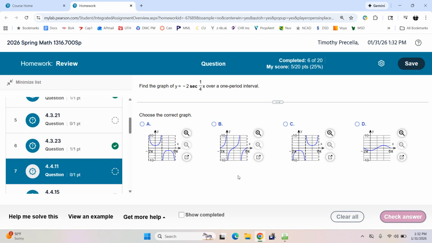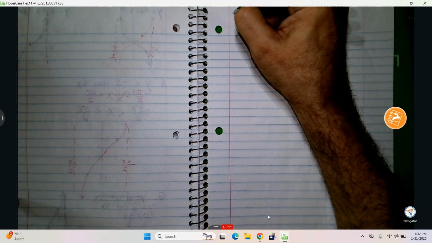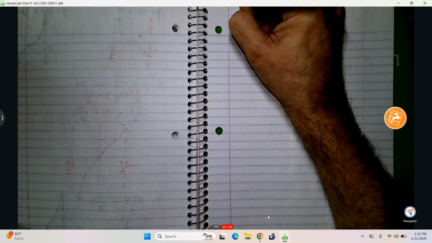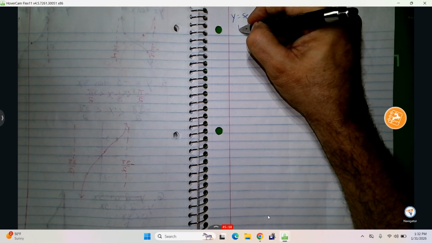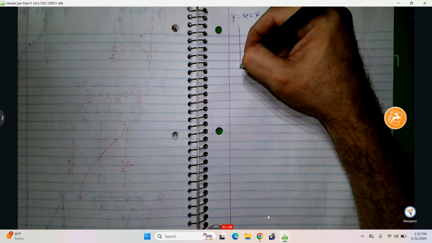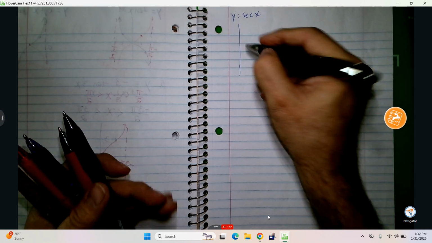And now we're going to graph secant and cosecant. Let's see. Just review for y'all how to graph secant and cosecant with secant x. Secant is the reciprocal of cosine.